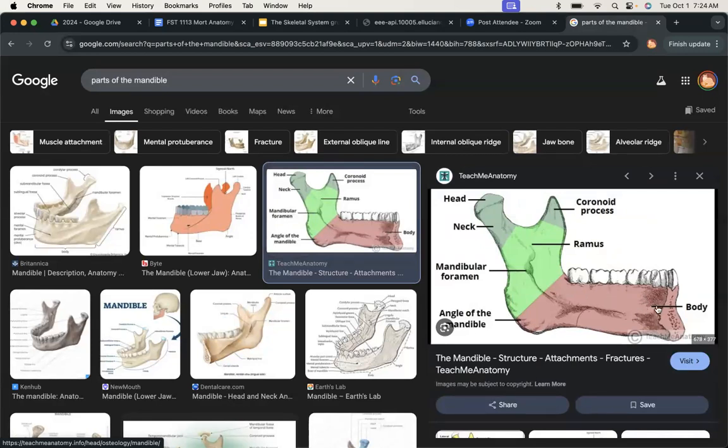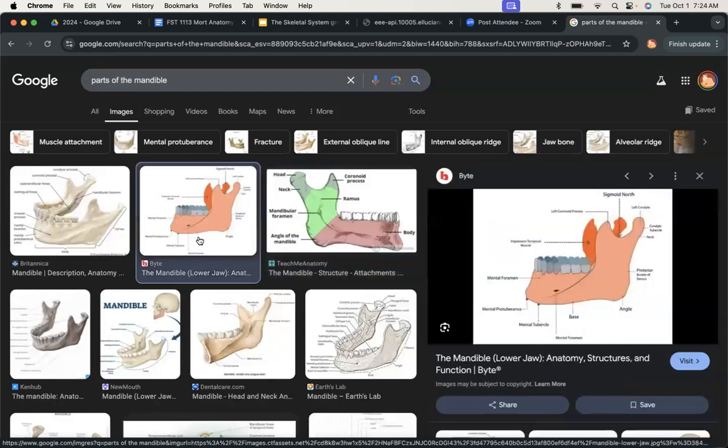The body, the ramus. All right. I think that's all of them.